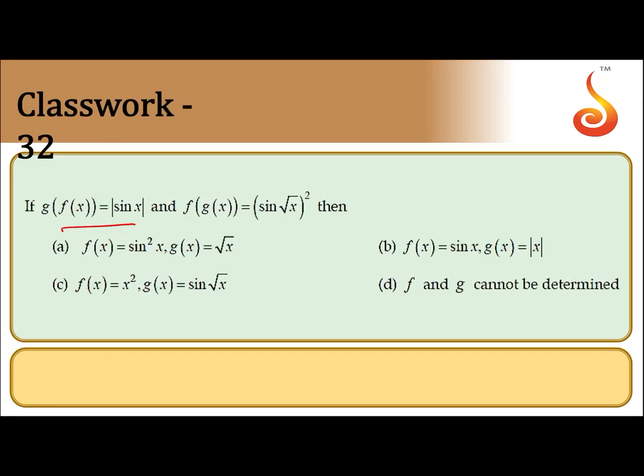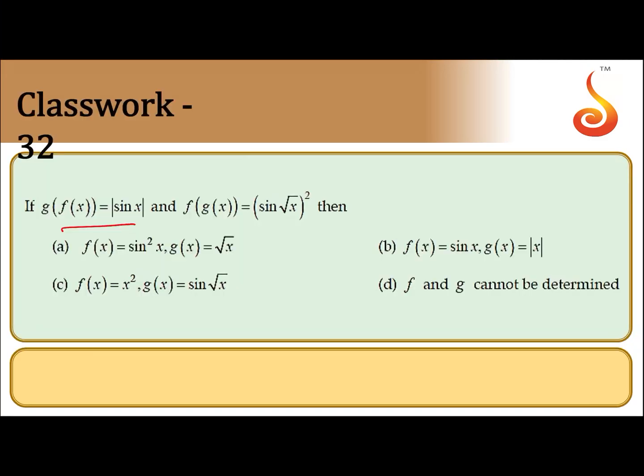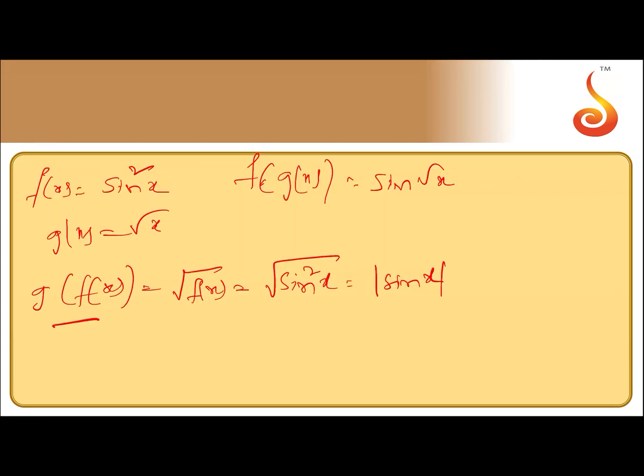And similarly, f of g of x is equal to sine root x whole square. Let me check over here. Sine of root x, yes. Obviously, we can see that.